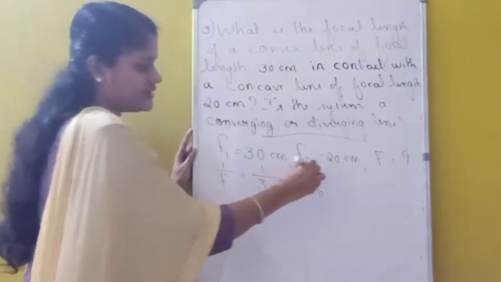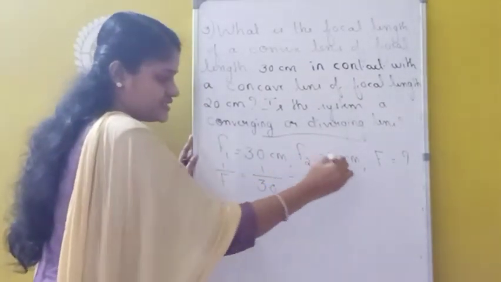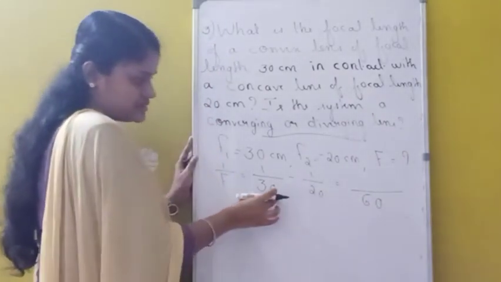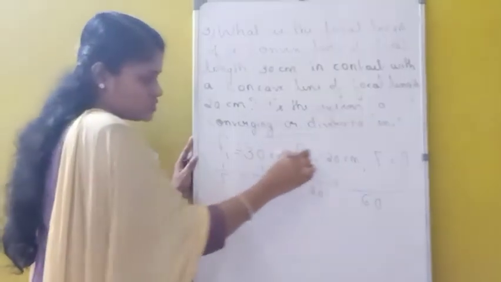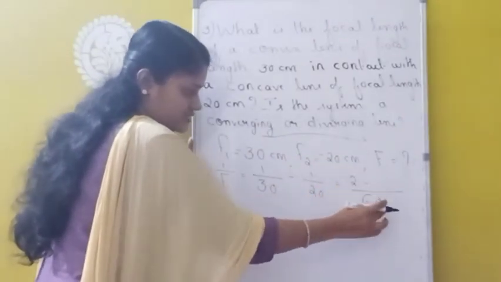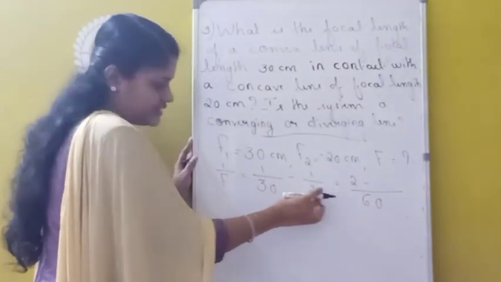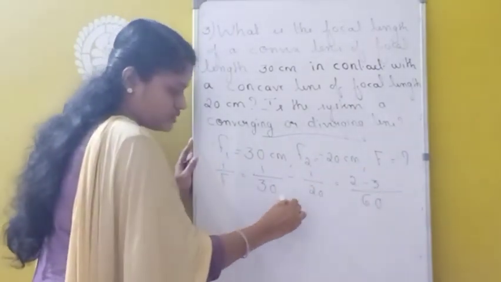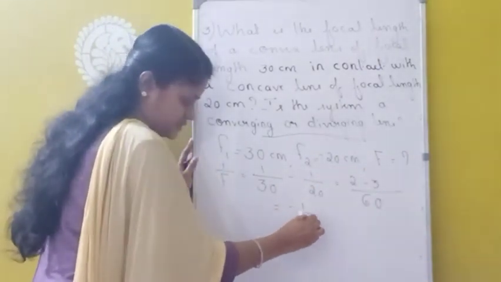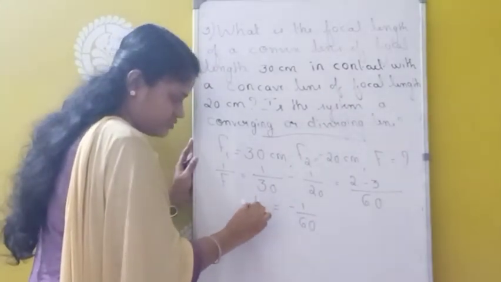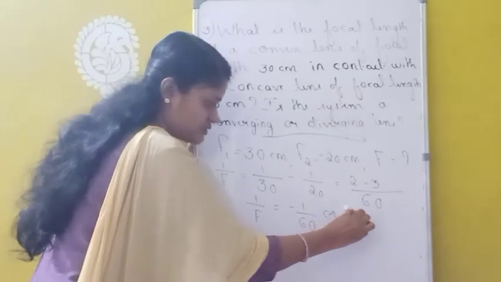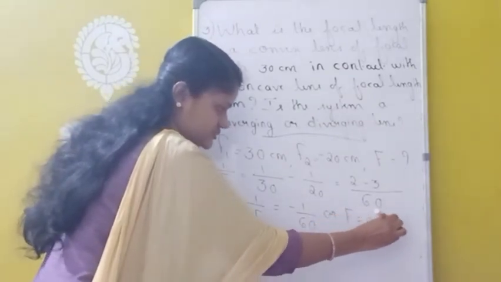Now taking LCM of 30 and 20, I take 60. 60 by 30 you will be getting 2, so 2 into 1 is 2, minus 60 by 20 is 3, so 3 into 1 is 3. So 2 minus 3 is minus 1, minus 1 by 60. So I am getting 1 by F equals minus 1 by 60, or from this, F equals minus 60 centimeter.